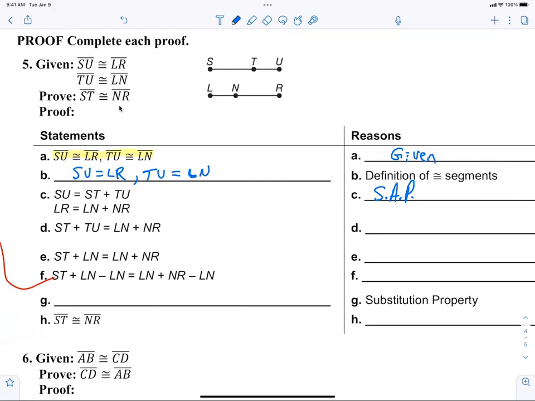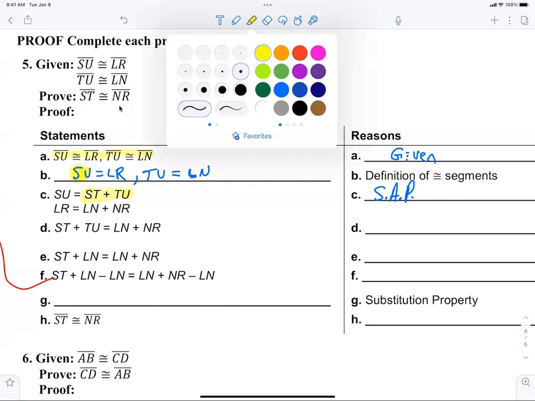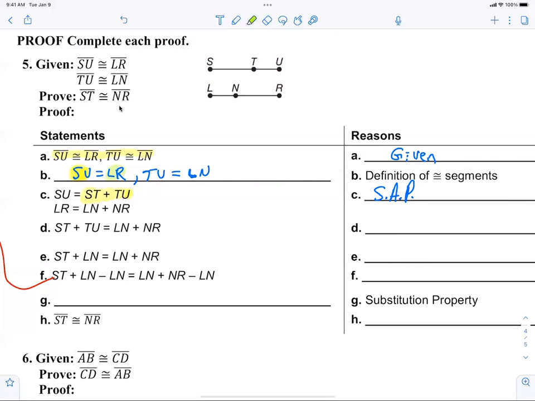But you've got to tell me how. Hold on. I like that. So this SU is becoming what? And then this LR is becoming, yes. I don't think that's bad. That's a substitution.